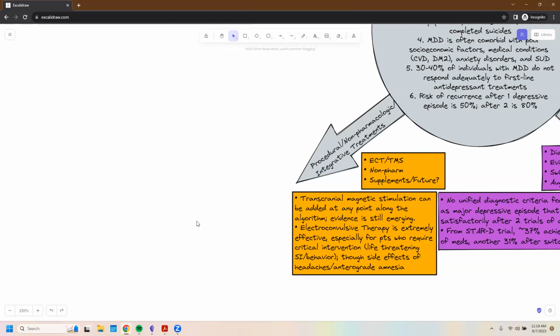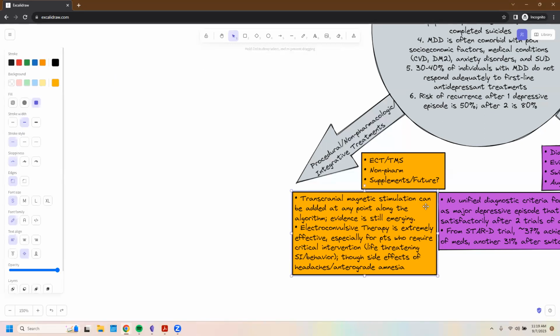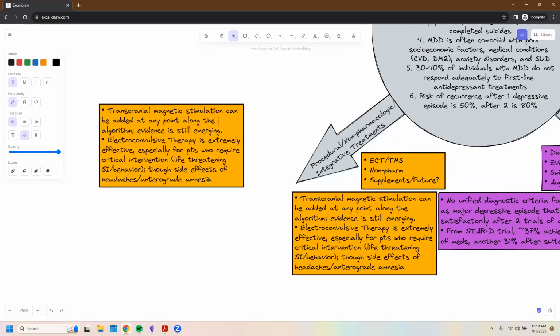Some integrative approaches. What are some of the integrative approaches, non-medical, non-supplement-based things that y'all have heard about that could be used for depression? Oh no, I gave the answer away.